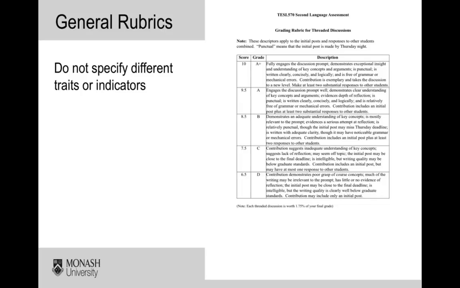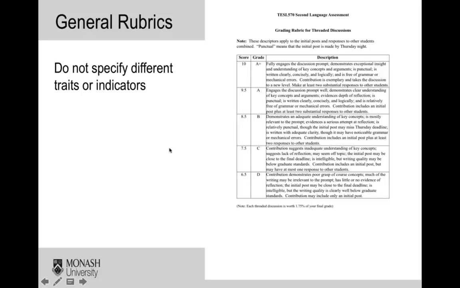It has just one description for each level. It's basically condensed, so instead of the first sentence being one criterion and the second sentence being another, they're all in one.